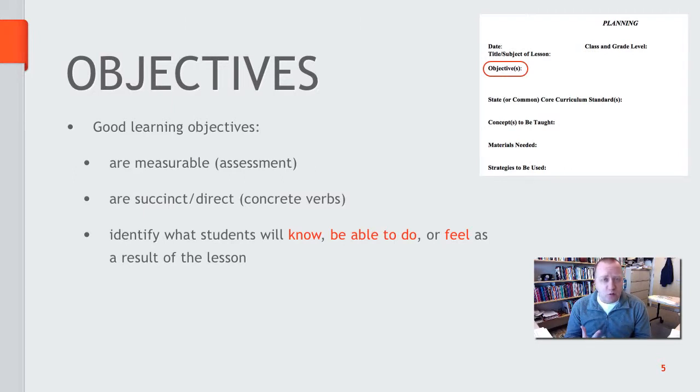What are they going to be able to do? Or how might they see the world differently, or how might they feel differently about characters or events or something like that in the literature? So ultimately, that's what a good learning objective does. It's measurable, it's succinct, it uses strong, concrete verbs, and it identifies what's going to happen, what kind of learning students are going to experience as a result of this lesson.